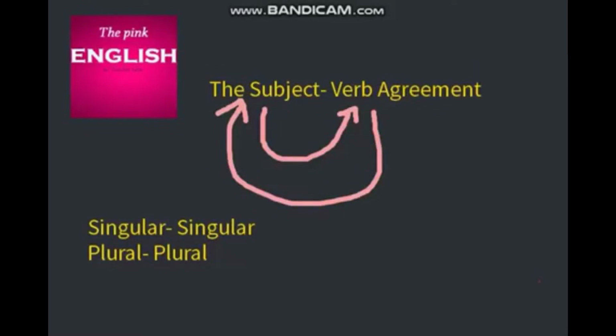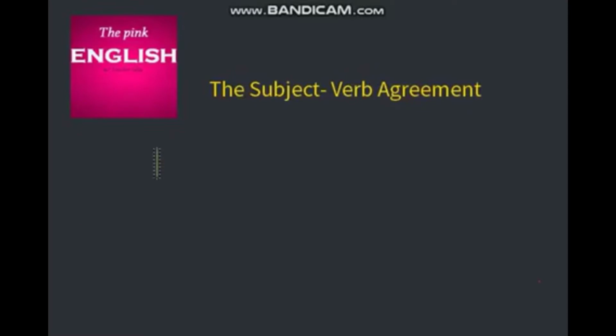So how do we know if it's singular or plural? To better understand this topic, let's begin with the basic information. When you say singular, that means only one. And when you say plural, that means many.